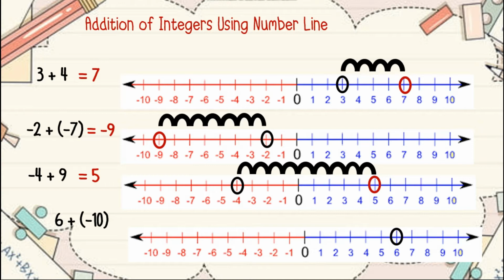So from positive 6, we're going to move 10 units to the left. 1, 2, 3, 4, 5, 6, 7, 8, 9, 10. And it is negative 4. Therefore, positive 6 plus negative 10 is equal to negative 4. So that's how we add integers using the number line.